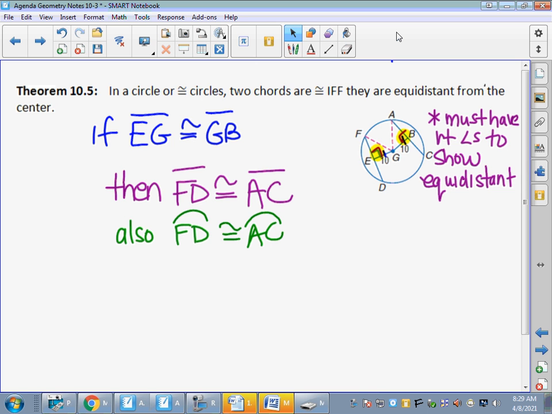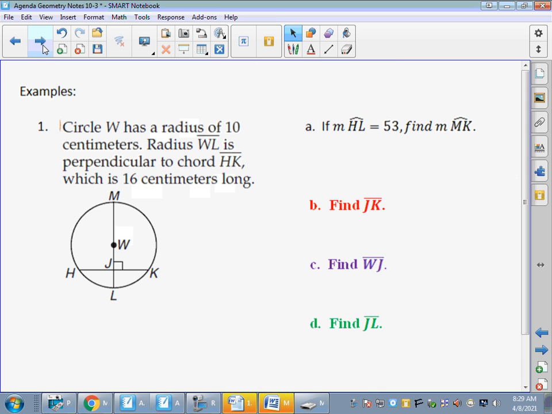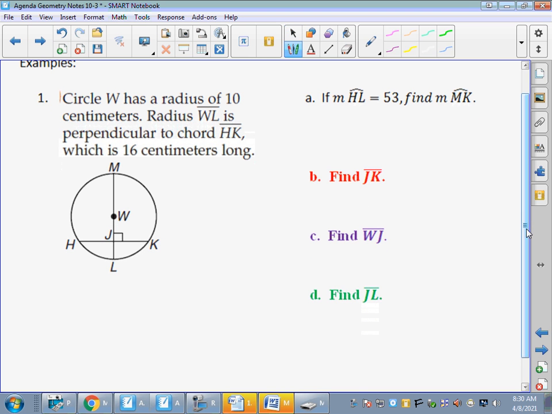All right, so let's do a problem or two. So let's start with the example one, circle W. So I know that W is the center, right? So then I can infer that ML perhaps is a diameter. So let's see, it says radius WL is perpendicular to chord HK. It's already got that marked there.